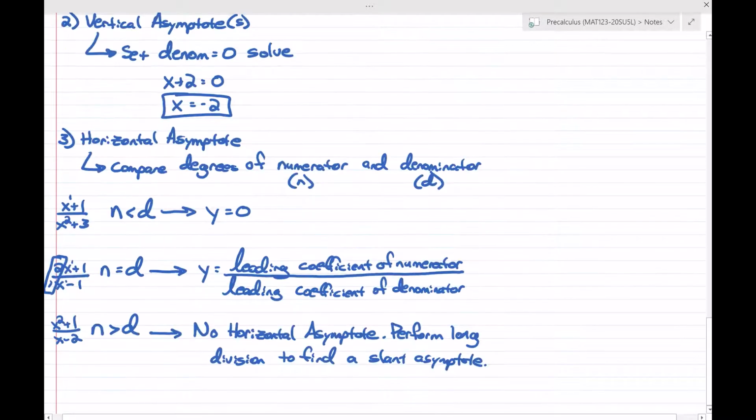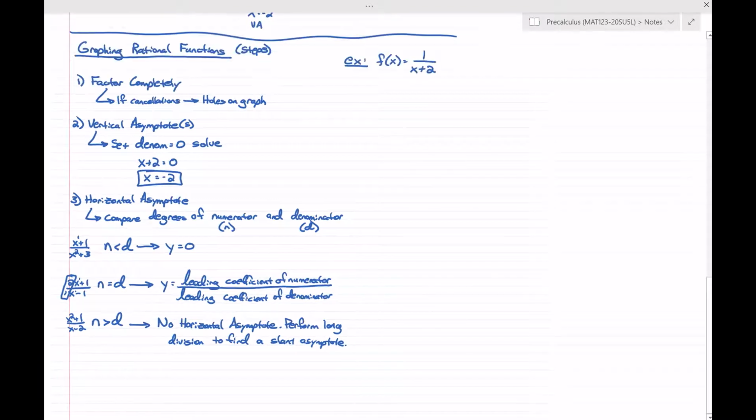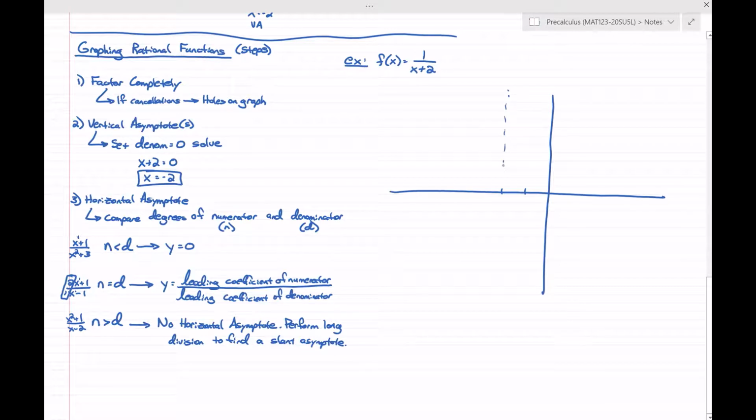So let's go back to our original problem. It's 1 over x plus 2. So the vertical asymptote's negative 2, so I'll start graphing it. Negative 2 is our vertical asymptote. And a horizontal asymptote, well, the top degree, there's no x, right? So the top power is 0, the bottom power is 1.